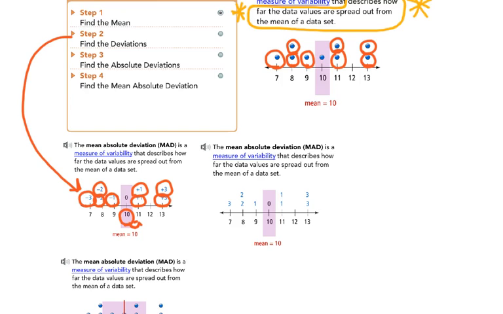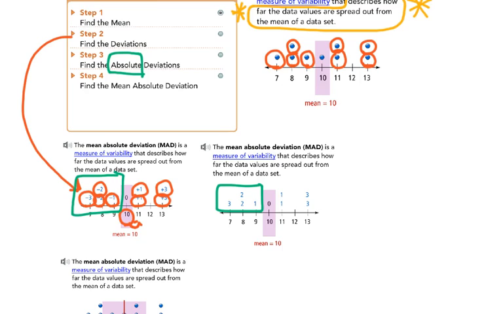And then step 3 is to find the absolute deviation. Absolute value is what we're talking about. So it takes all of these negative values that were below the mean and makes them positive. So the absolute deviations just turn all of those negatives into positives.